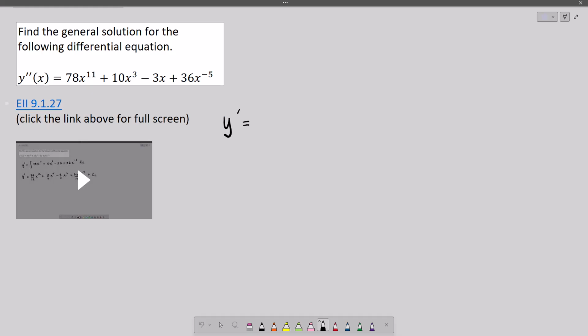So y prime is going to be found by integrating the right-hand side. So what we are essentially doing is integrating both sides of the equation. And the integral of the left side of the equation, if you integrate y double prime, you get to y prime. So this is going to be our first step.